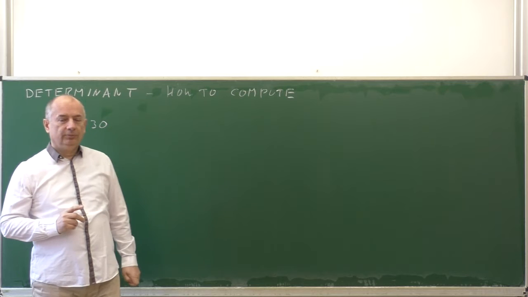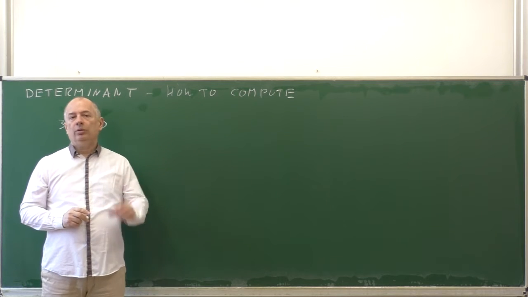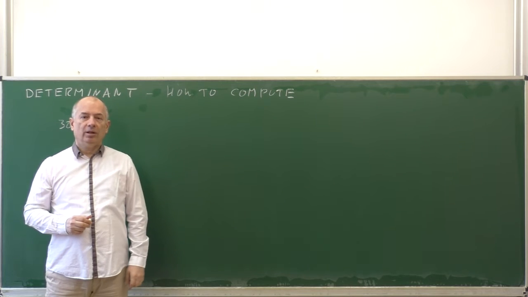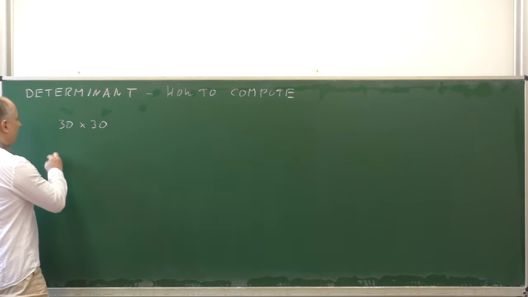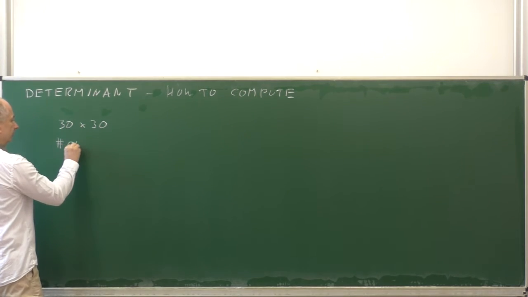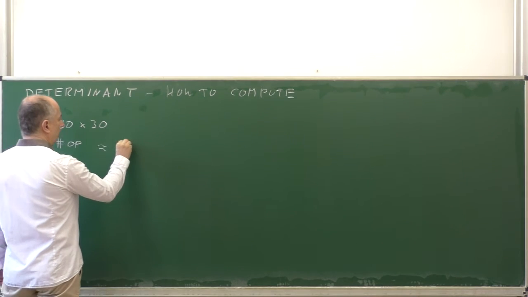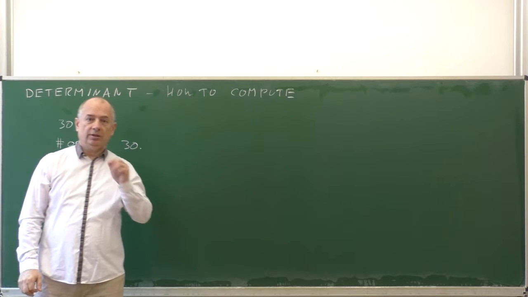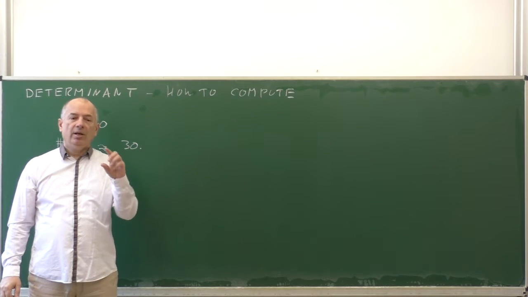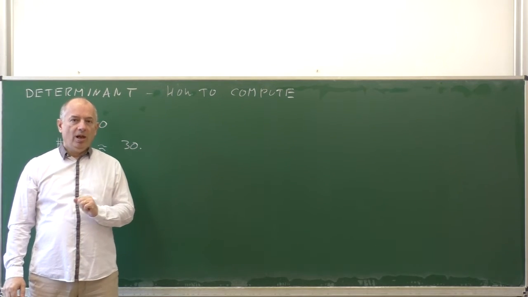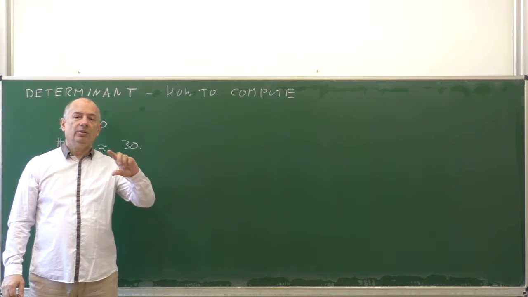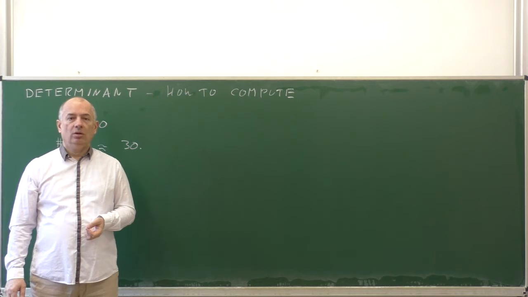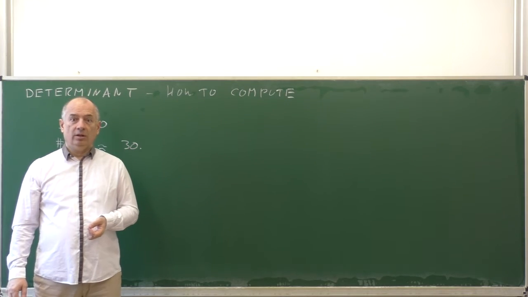Using the definition from the previous section, we could choose one row or one column, and we can expand the determinant along this row. So the number of operations would be roughly 30 times, because we want to evaluate 30 determinants, each of them 29 by 29. For each of these 29 by 29 determinants, we again expand the determinant along a given row or some column.